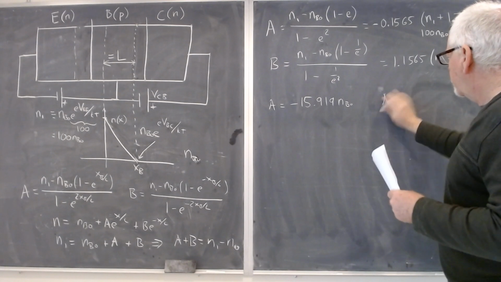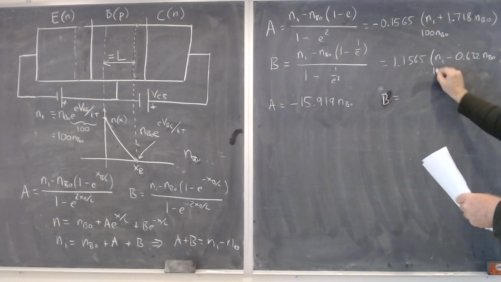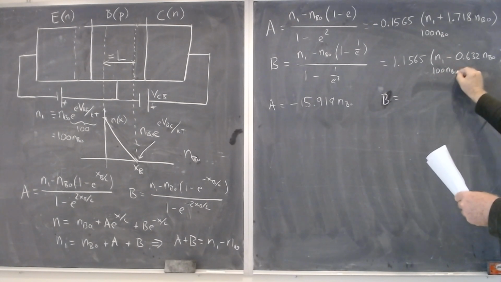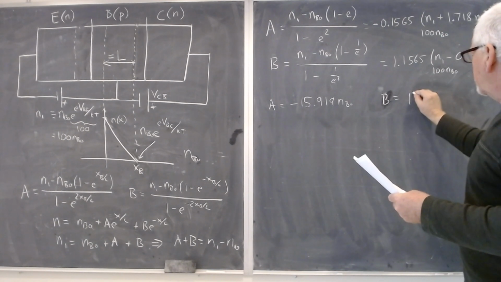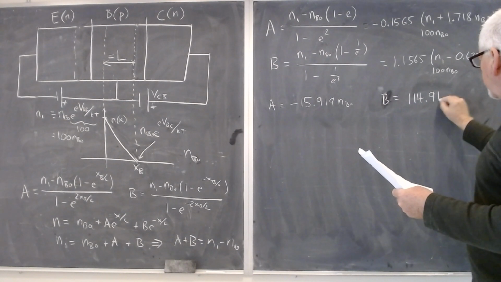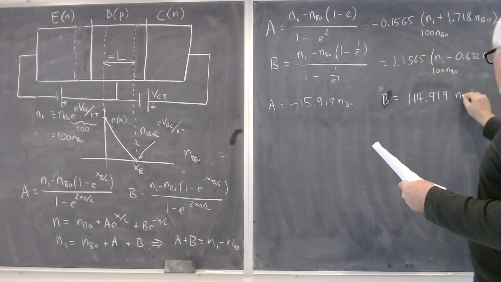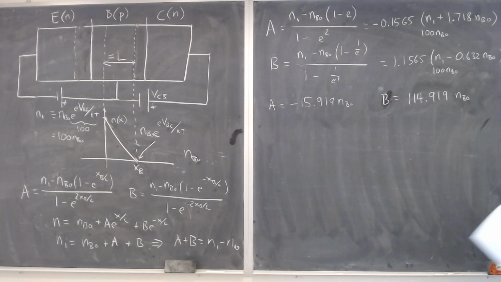And B, if you plug in 100 NB0 here, and you have to use enough digits to be able to add right, is 114.919 NB0. And you see again that if you take A plus B, you get N1 minus NB0, because that's 99.